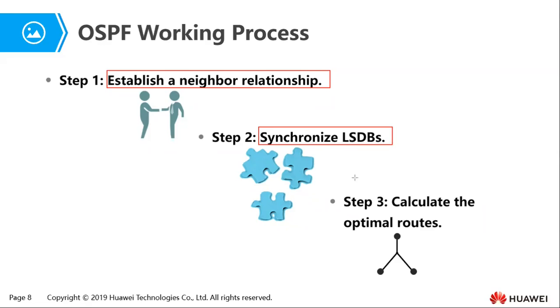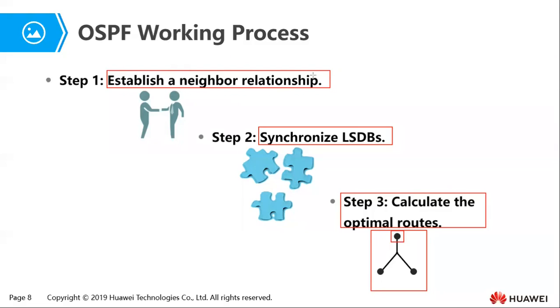After sharing that, you are able to calculate the optimal routes using SPF, the shortest path algorithm. When you use the shortest path algorithm, you create a shortest path tree with yourself as the root. We are going to go through that process in a short while.